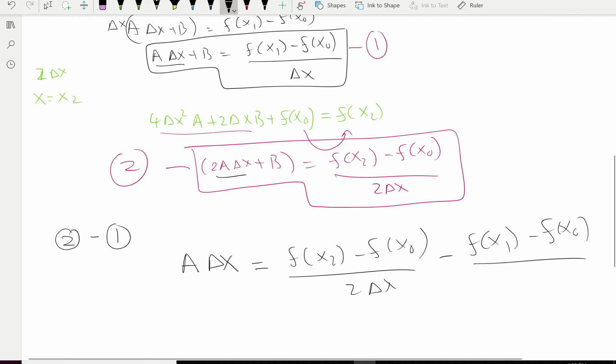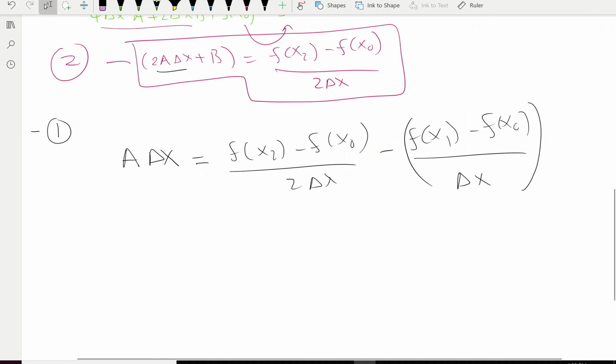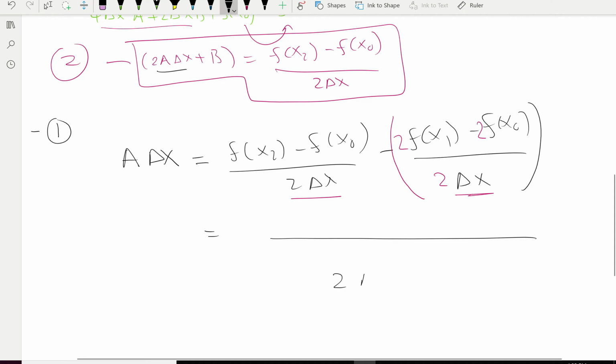Oh, this is going to be fun. Now be careful, let's have a bracket here just to make sure we do not mess up with negative signs. So for the common denominator, here 2Δx, here Δx, so let's multiply everything by 2 here. Okay, so this is going to be 2, this is going to be 2, let's have that bracket. Let's simplify. 2Δx, f(x2) alone itself, minus f(x0), minus 2f(x1) plus 2f(x0).